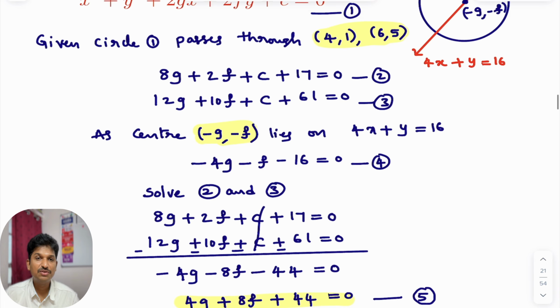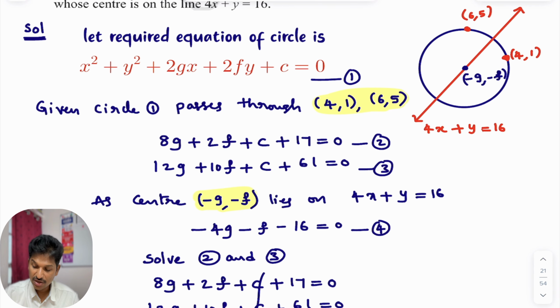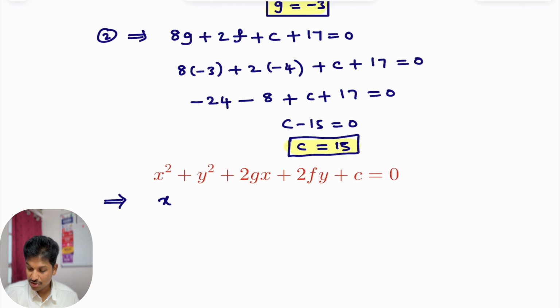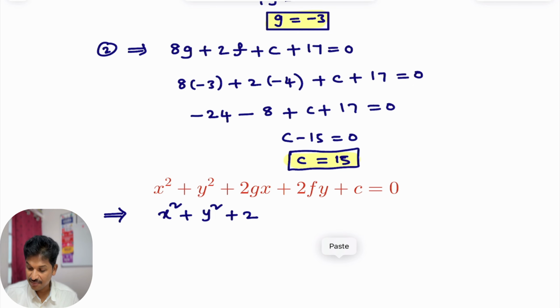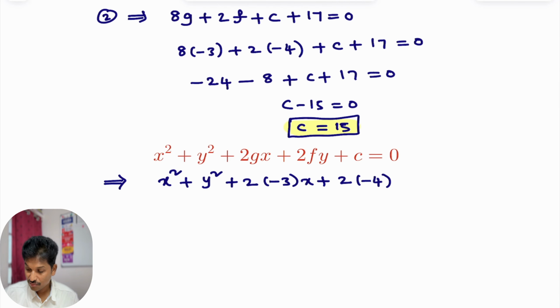Substitute these values in the required circle equation. What is the required circle? You take x square plus y square plus 2gx plus 2fy plus c equal to 0 as the required circle. In this, you substitute the G value, F value, C value. In this circle equation, you write x square plus y square plus 2 into G. What is G? G is minus 3. 2F. F is what? F is minus 4. Y plus C. C is 15 equal to 0.